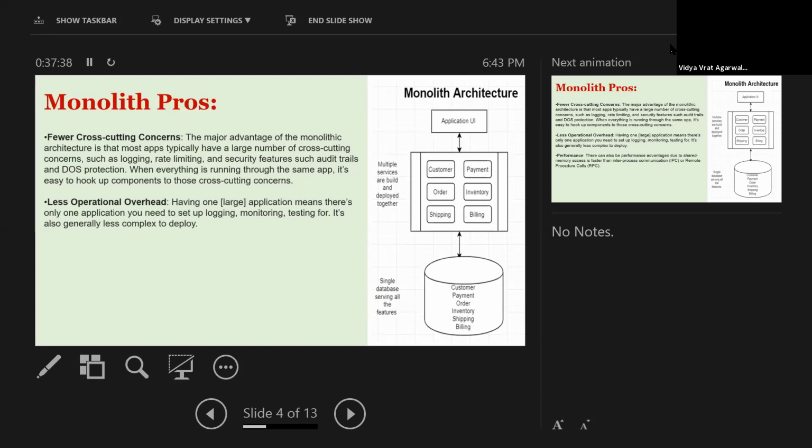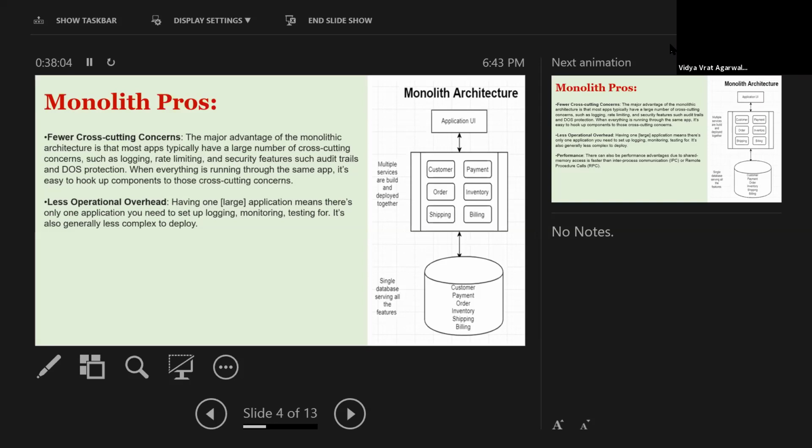Less operational overhead. What does operational mean? Operational means you build something and you launch it and then you want to make it functional, right? If a website is down, what will you do? No customer will access it, no money, no income, right? So you need to make it operational. With a monolith, it is very little overhead to make it operational. Why?